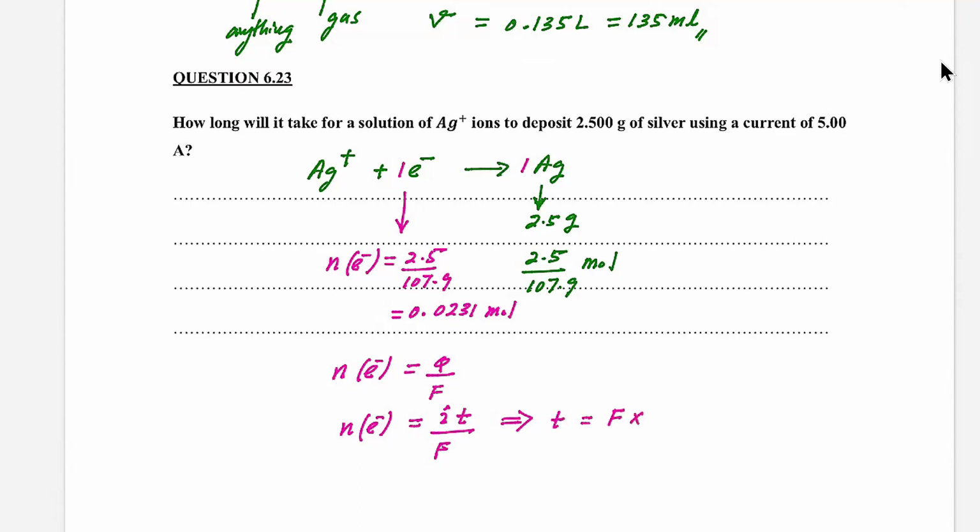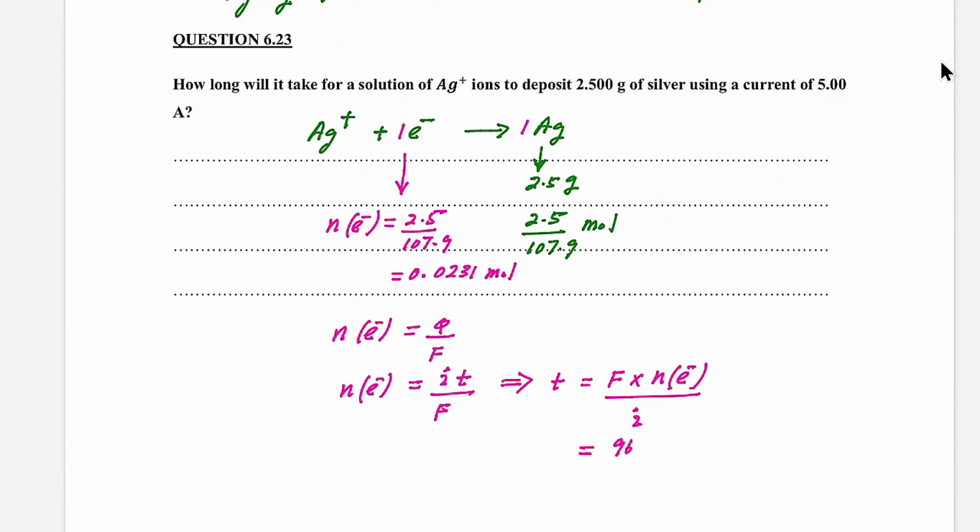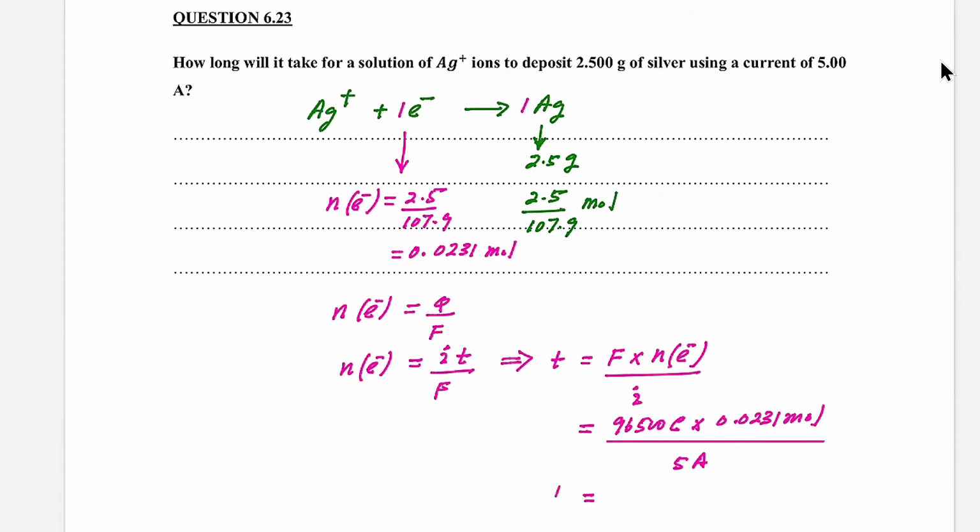So t equals F times ne divided by I. F is given to you, 96500 coulombs. n is given to you here, 0.0231 moles. And I is given to you here, 5 amperes. So now if you do that, what is t?